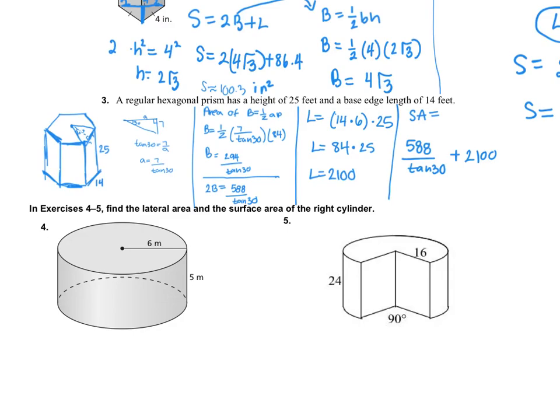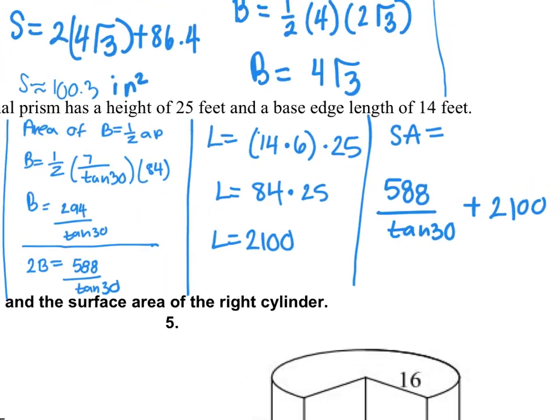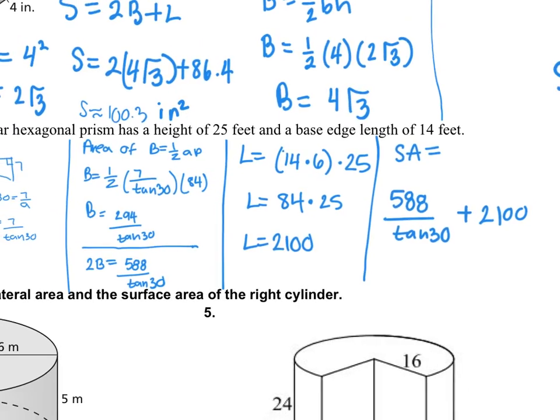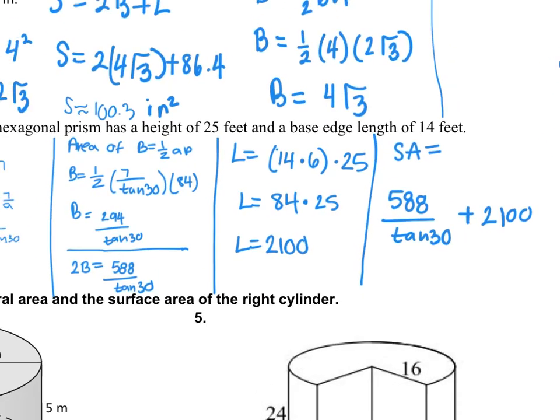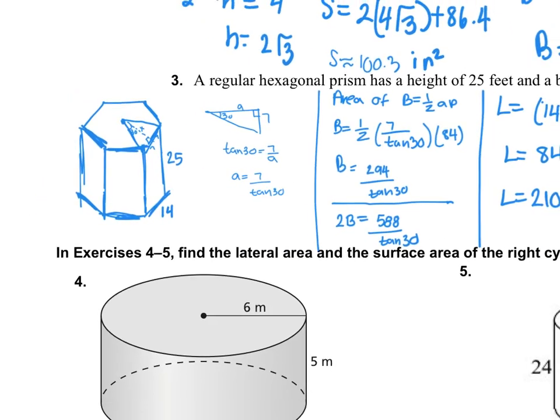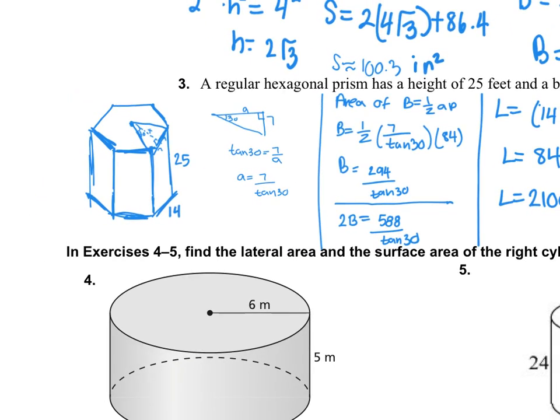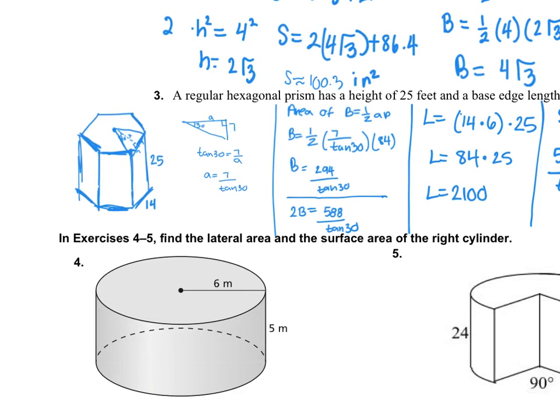So first off, if you were to find the lateral area, I know that the lateral area is the perimeter times the height, right? If you look at this figure, we're told that the base edges of a regular hexagonal prism are 14. If it's regular, then all the sides are the same, which means all 6 sides are 14.